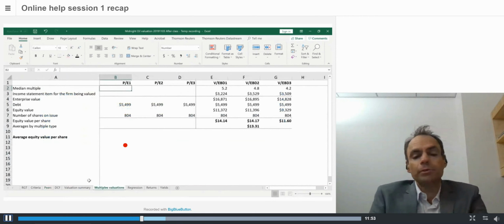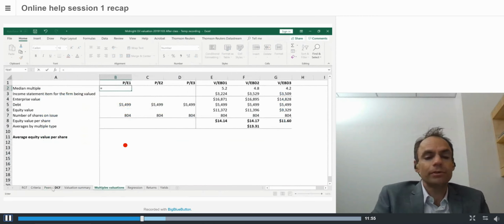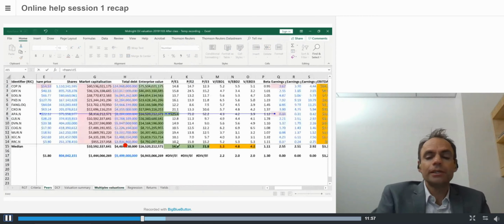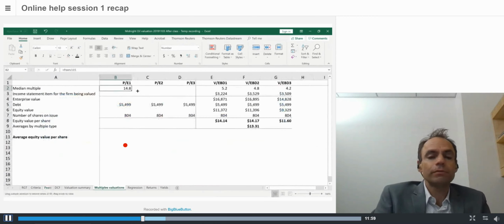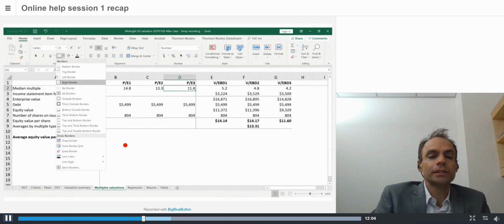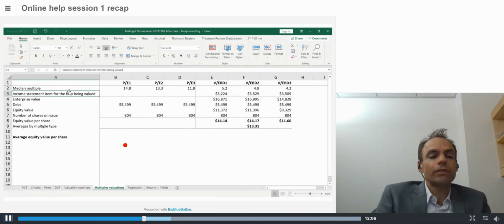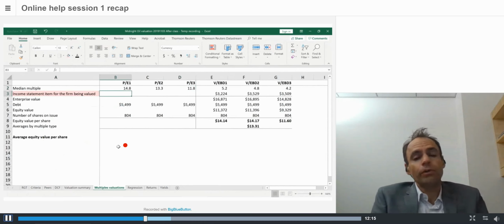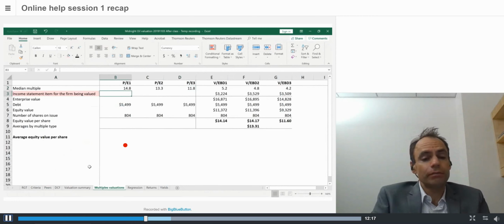So looking at our multiples-based valuation tab, I'm going to link to my peers worksheet and take median valuation multiples of 14.8, 13.3, and then 11.8. Again, I need to find the corresponding income statement item for the firm being valued, which is Midnight Oil. So I need to estimate earnings per share for Midnight Oil for the first 3 years.